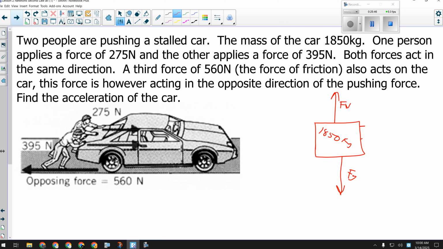There are going to be 2 forward forces, one slightly larger than the other. We have one that's 395, and we have one that is 275. And then we also have the force of friction that is opposing, with 560 newtons.